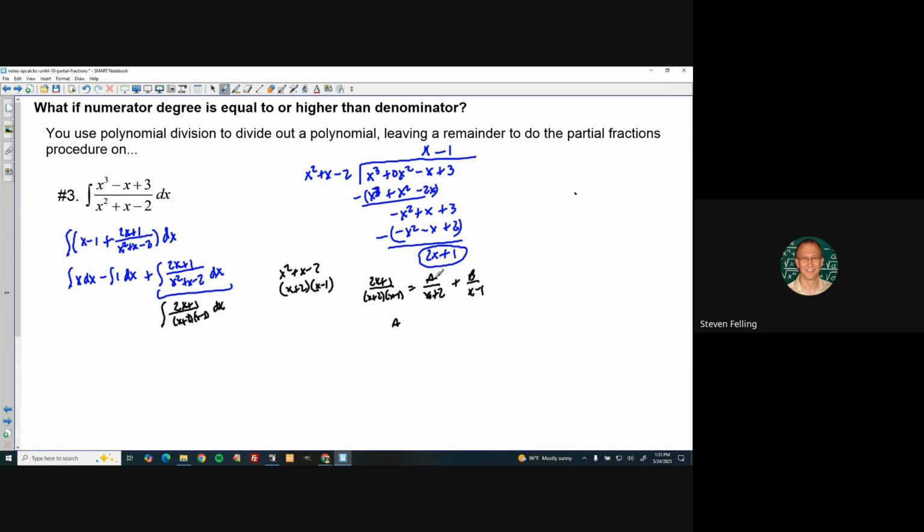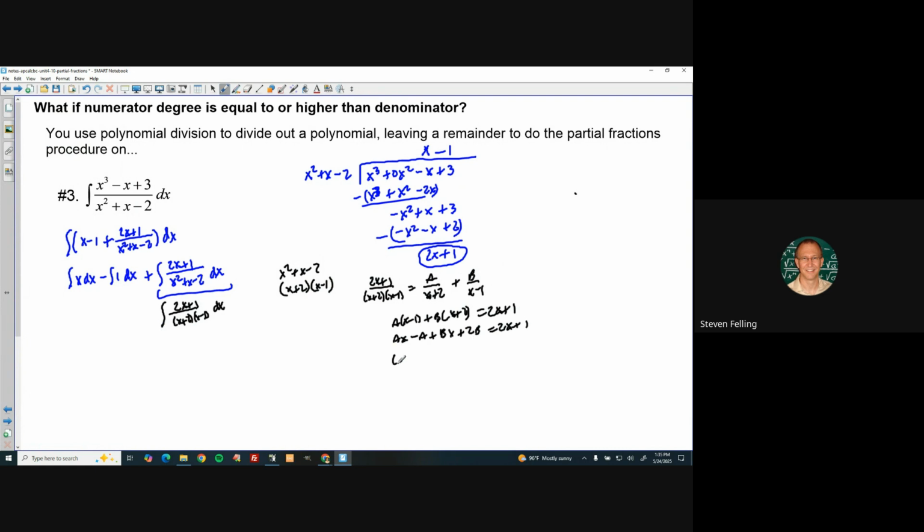So the A is going to get multiplied by the x - 1 denominator. The B is going to be multiplied by the x + 2 denominator so that everything's over the same thing, and that's equal to the current numerator. So that is Ax - A + Bx + 2B = 2x + 1.